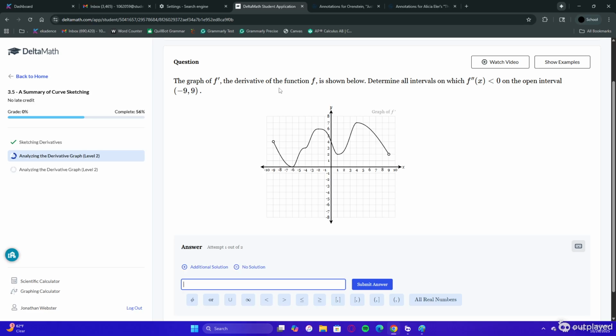Now we're given the graph of f prime, and we have to determine where f double prime is less than 0 on this interval. So remember that f double prime is less than 0 whenever f prime is decreasing. So we have to find all the values where f prime is decreasing. So from -9 to about -6 is decreasing.